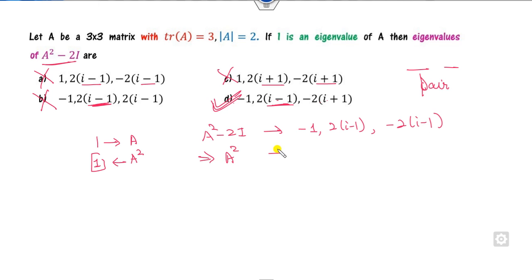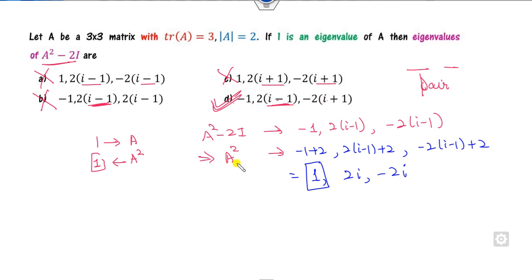I can add 2 on both sides, so it will be 2i and minus 2i. You can see 1 is an eigenvalue of A squared, correct. But if you look at this option, if I add plus 2 on both sides, it will be 3, so the option is cancelled. It will be 1, but it will not be occurring in a pair. So the right answer of this problem is D.